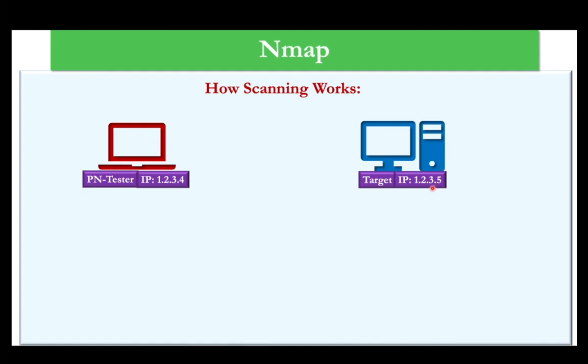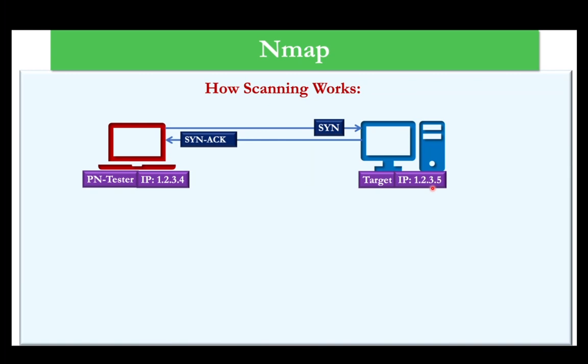When the pen tester tries to scan the ports on the target machine, it sends a SYN request, that means the SYN bit is set to 1. Then it gets a reply from the target machine if the SYN request is accepted.